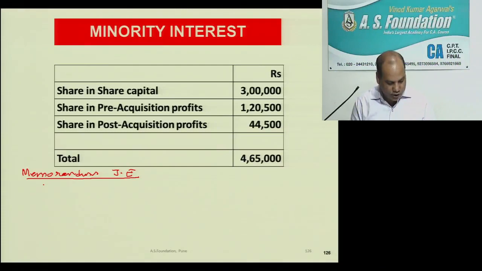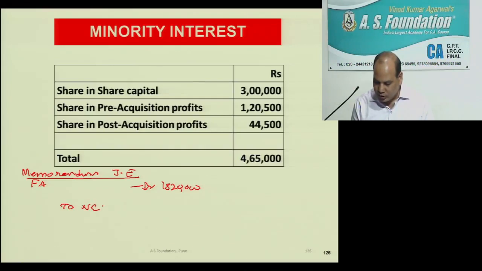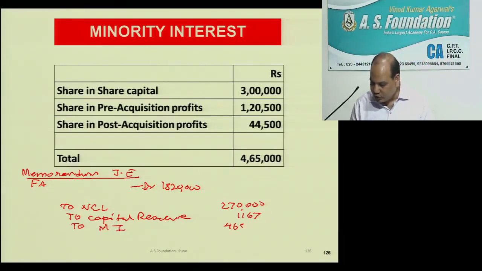So what is the fixed asset of that other company you are going to incorporate? 18,20,000. What is the non-current liability you are going to incorporate? 2 lakh. So this way you will incorporate the net asset. And then you will also incorporate capital reserve. As per your previous working note, how much was that? 1167. You will also incorporate minority interest, 4,65,000.